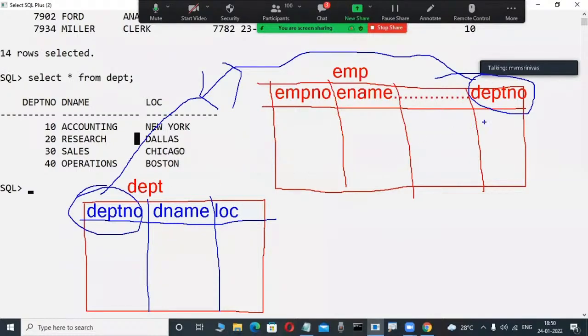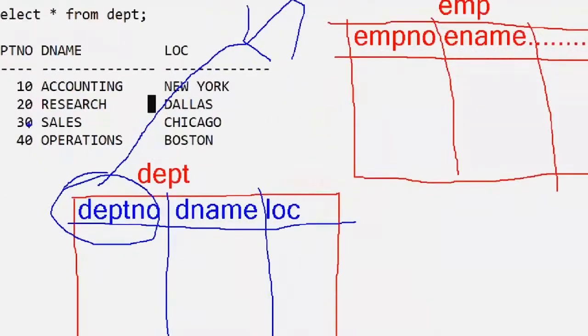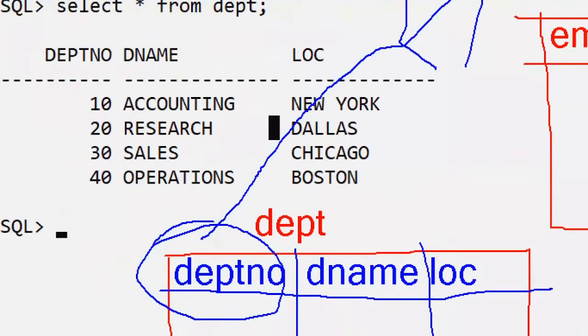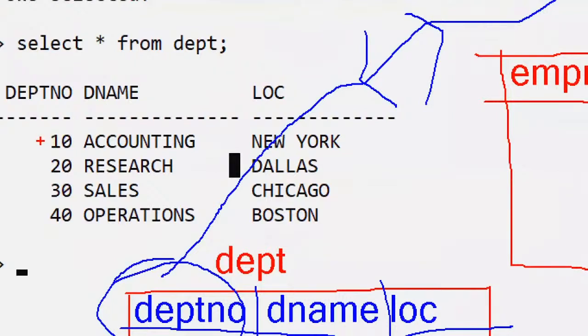Oh, DEPT number is here also. Okay, fine. Now check it out. In this DEPT table, department number is a common column, and in the EMP table, department number is also a common column. Observe the data here. This is data only. Observe here for 1 minute. In the DEPT table department number, how many times is 10 there? Check it out.